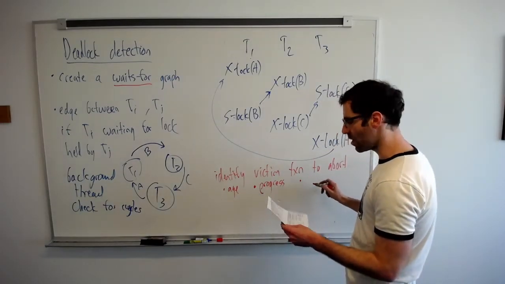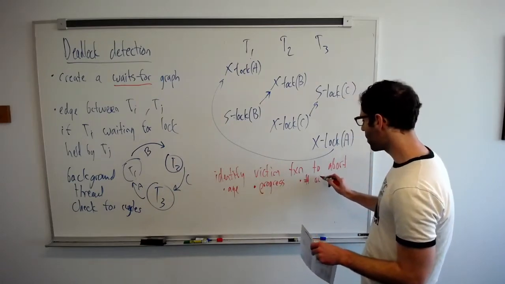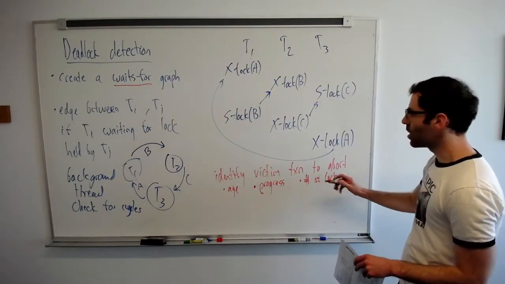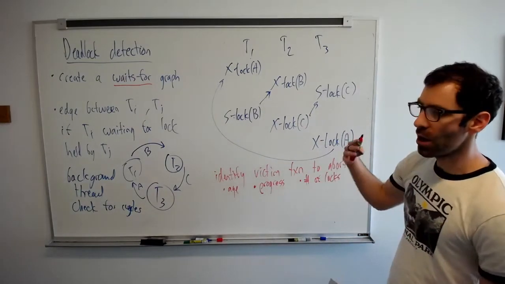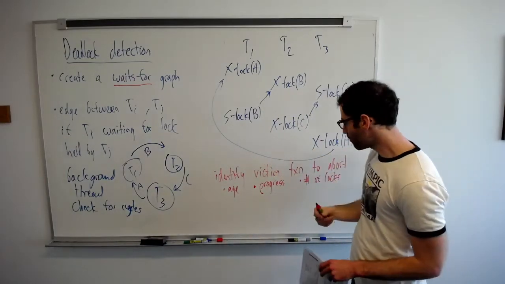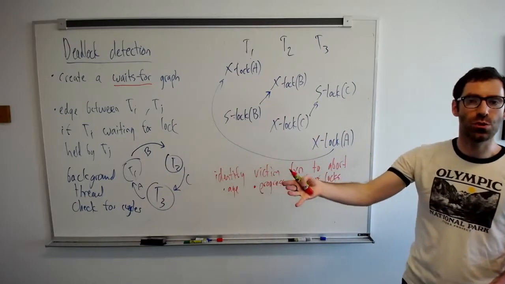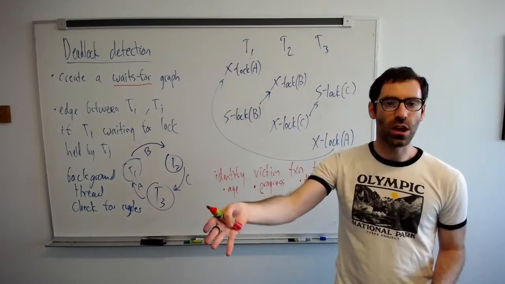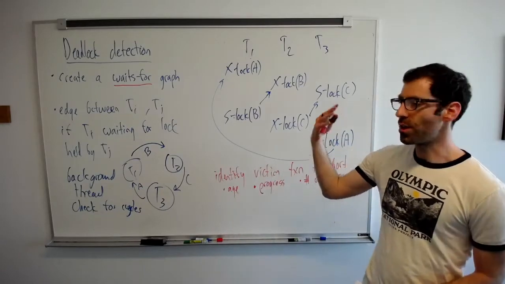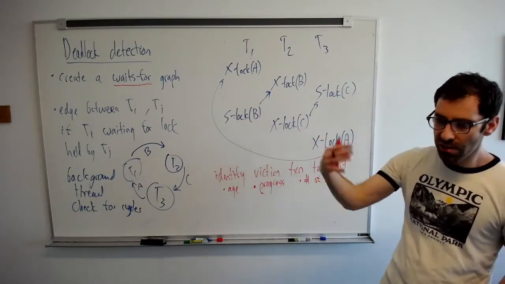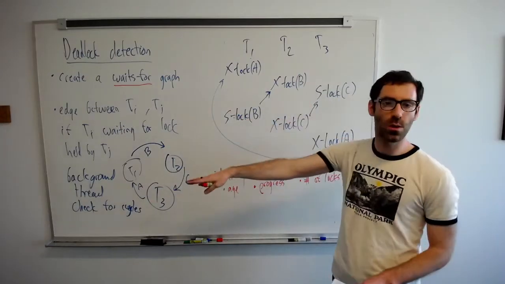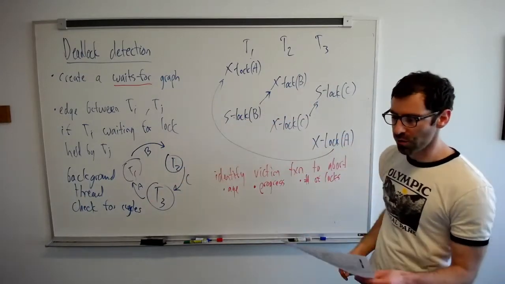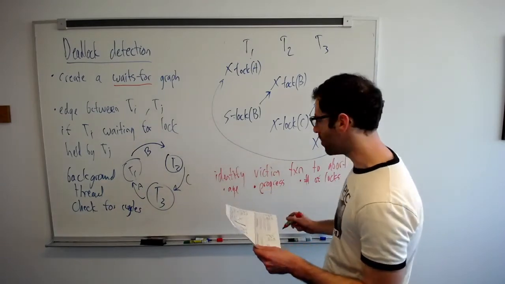You might consider the number of locks some transaction already holds. So you might want to choose one that holds only a few locks, so that one that depends on a lot of locks can keep making progress. Or maybe you say, all right, if I'm just going to get rid of one, it's going to be the one with all these locks, and that should free up a lot of transactions.